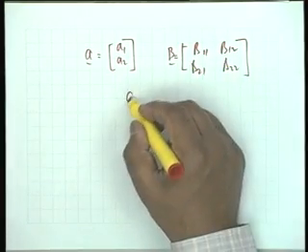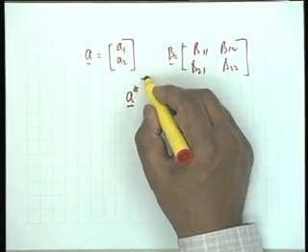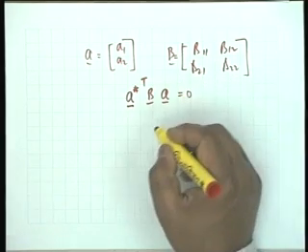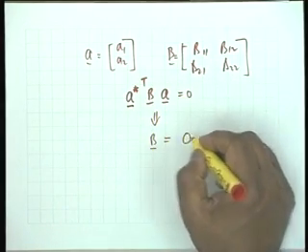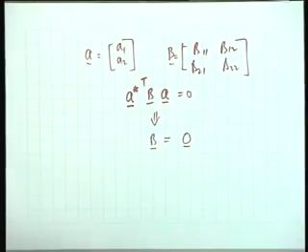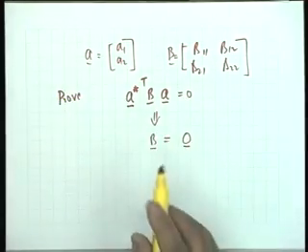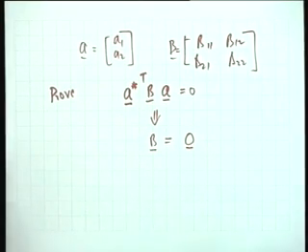All right. Prove that if A star transpose B A is equal to 0, then this implies that B itself is a null matrix. Okay, prove. This proof is very instructive, and I strongly encourage you that you try to do this.